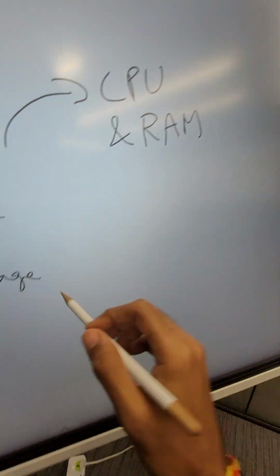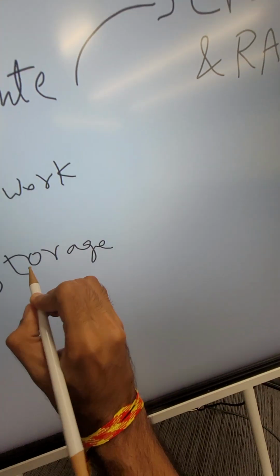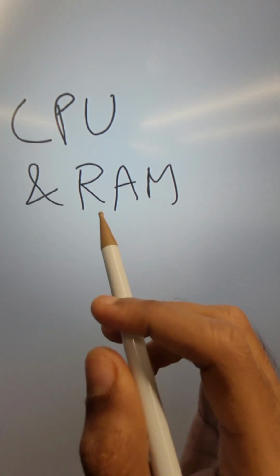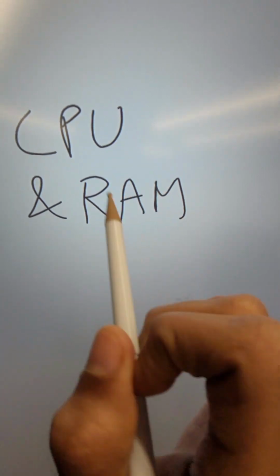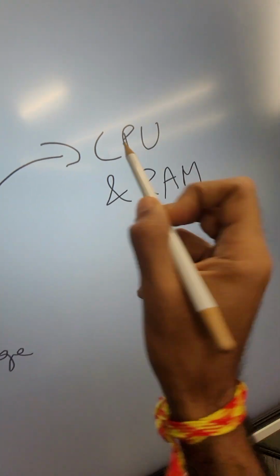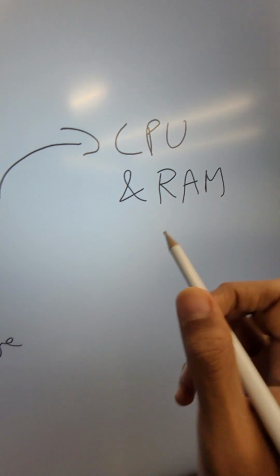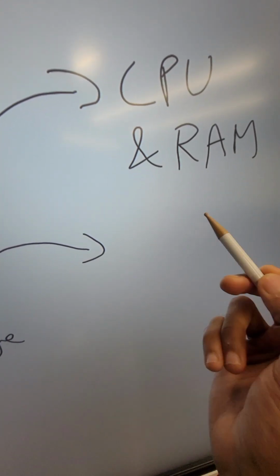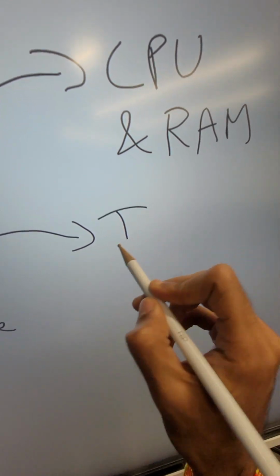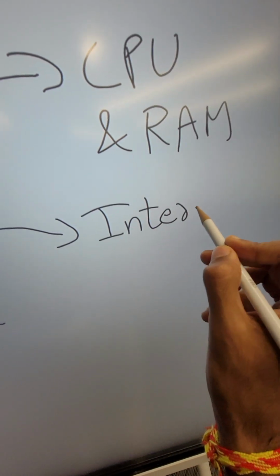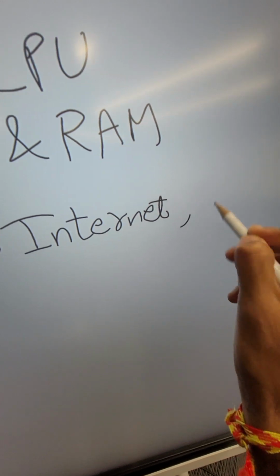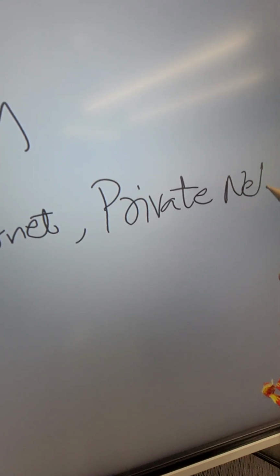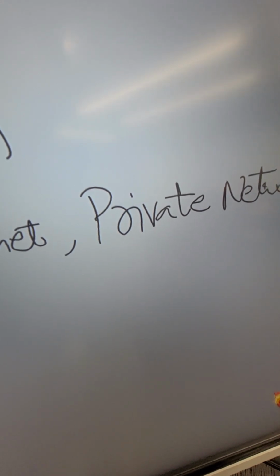Though you can consider RAM as part of storage because RAM is used to store things, but that stored stuff is used only by the CPU for fast access. So I'm just putting it together, CPU and RAM. And then network is basically your internet, intranet, and whatnot. Usually the internet, but also the private network, right? Internet is the public network.